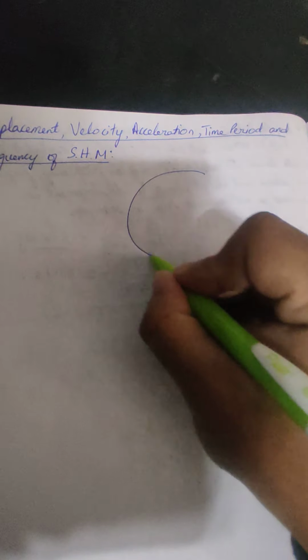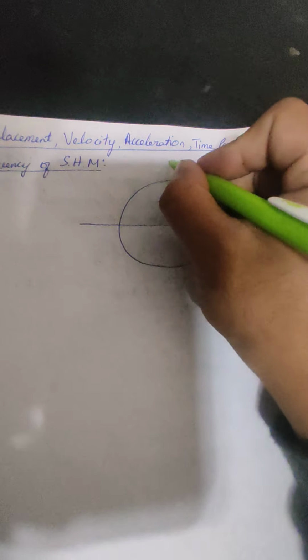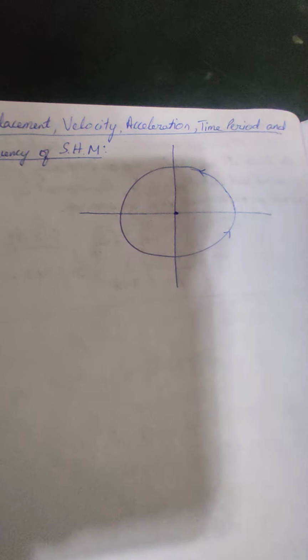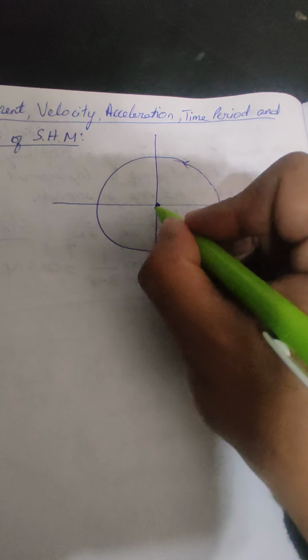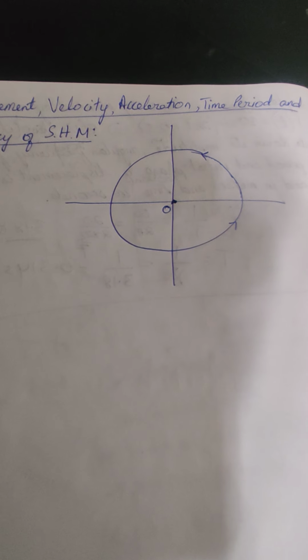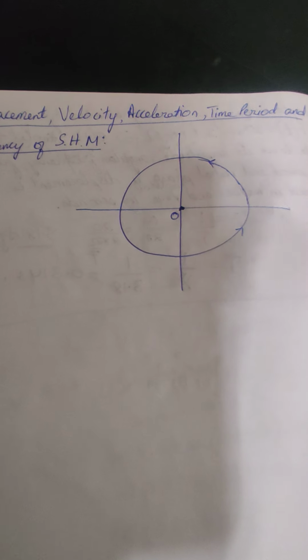Now consider a particle revolving in circular motion in anti-clockwise direction. Let the center of the circle be O and the radius of the circle be small r.